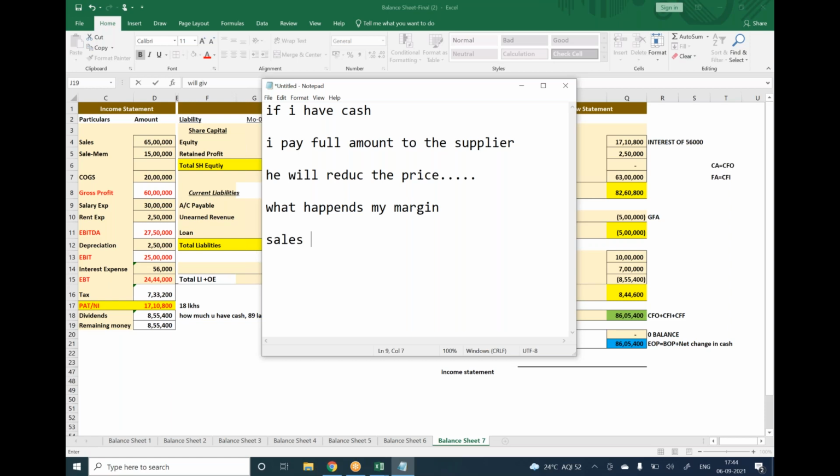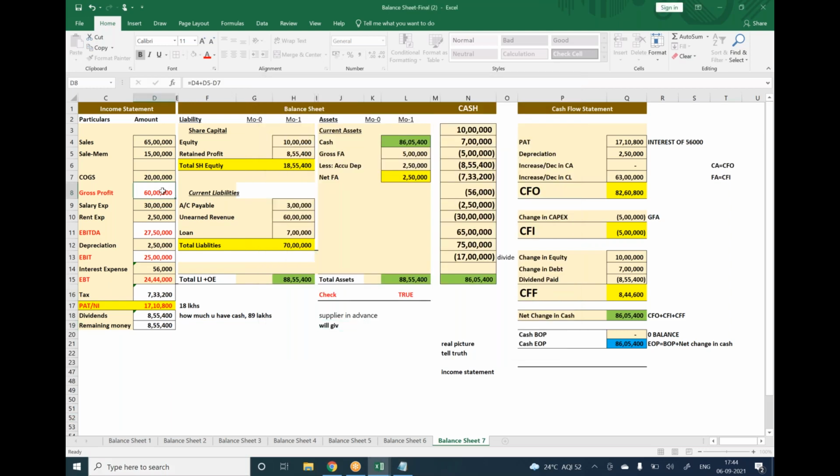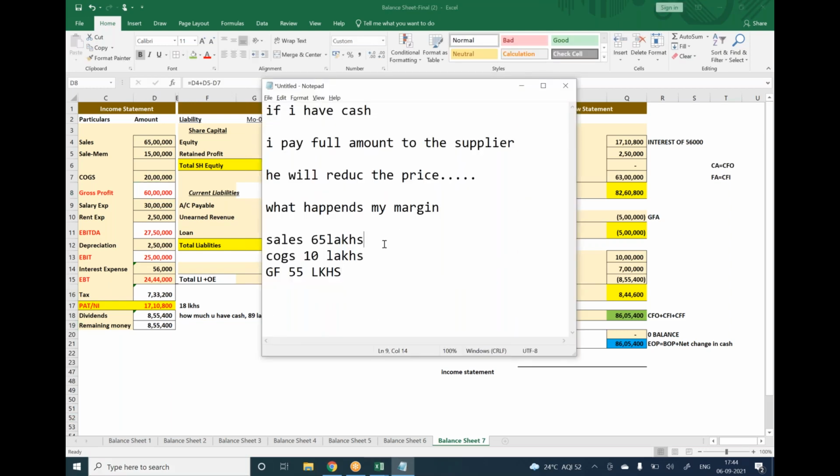So sales is 65 lakhs, assume. COGS instead of 20 lakhs cost, maybe now it's only 10 lakhs. So what is my gross profit? It's 55 lakhs now, whereas here it is 60. Because there's a plus 15 lakhs, so it'll be 80 minus 10. So now suddenly my gross profit is 70 lakhs.